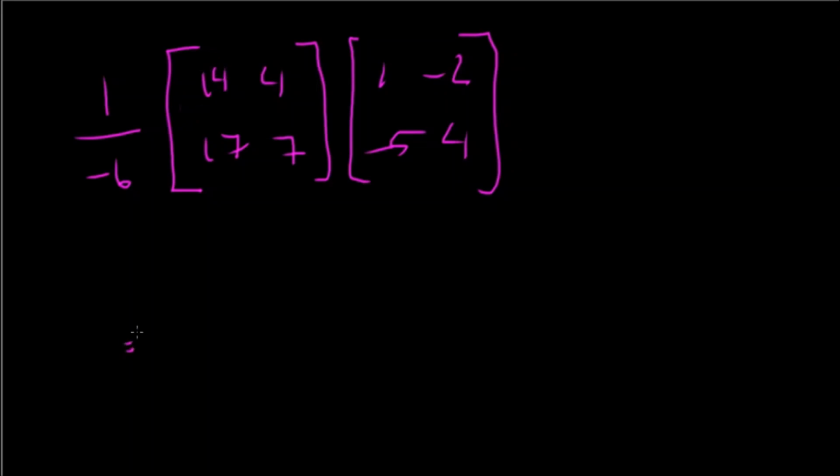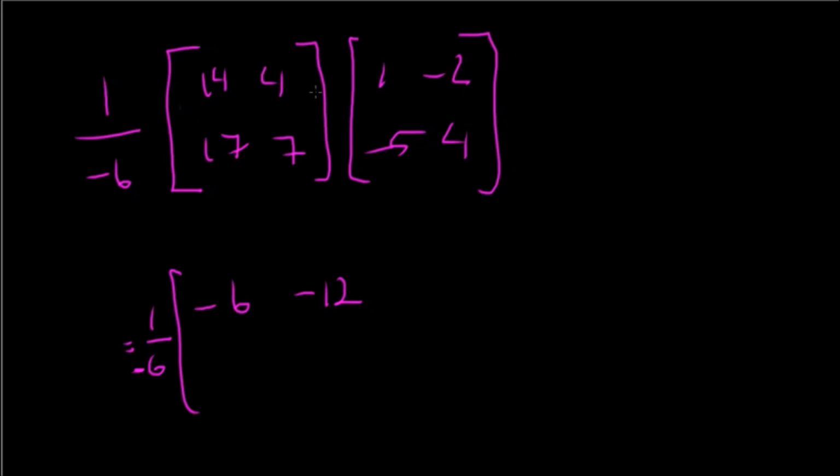All right, so let's do this thing out. We got 14 minus 20, that's negative 6. This is all going to be divided by negative 6 out here. We got negative 28 plus 16, which is negative 12.